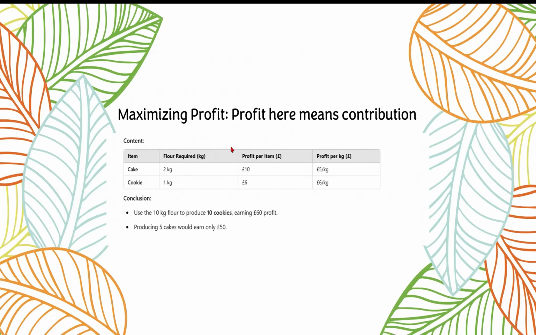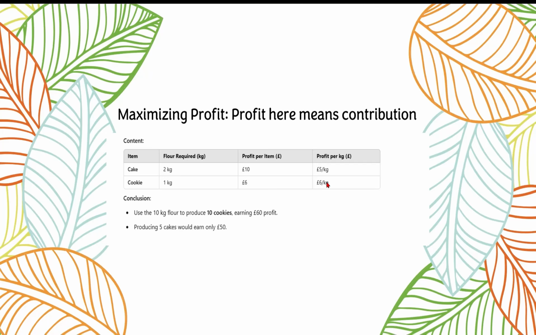If I provide the summary of this example, I used to produce two products, cake and cookie, but due to having only 10 kg of flour, I need to prioritize my product. Which product should I produce first? For that, I calculated the contribution per unit of limiting factor for both cases. For the cake it was 5 per kg, and for the cookie it was 6 per kg.